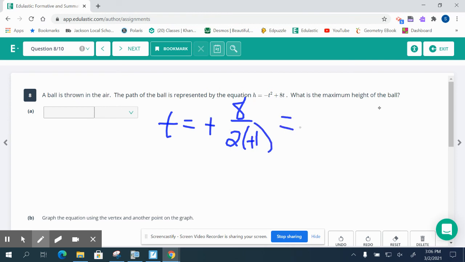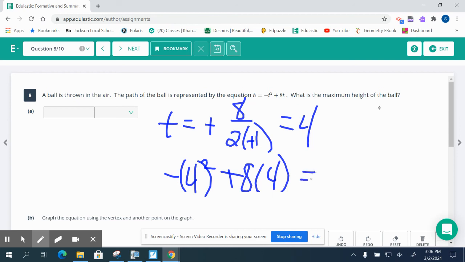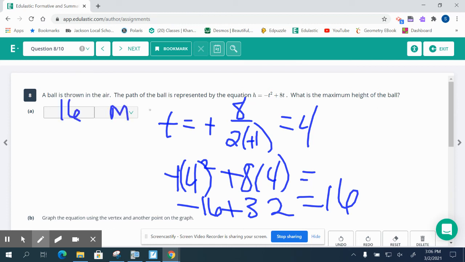Negatives cancel and you get 4. Then you plug 4 back in, so negative 4 squared plus 8 times 4. Now notice that I'm not squaring the negative sign because that's part of the equation. It's like negative 1 times 4 squared. So this is negative 16 plus 32, which is positive 16. So 16, and then use meters for your units for that one.